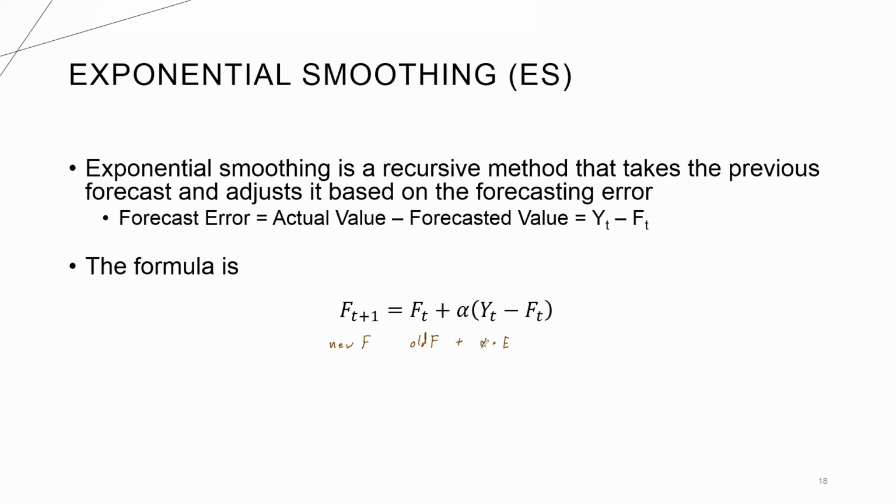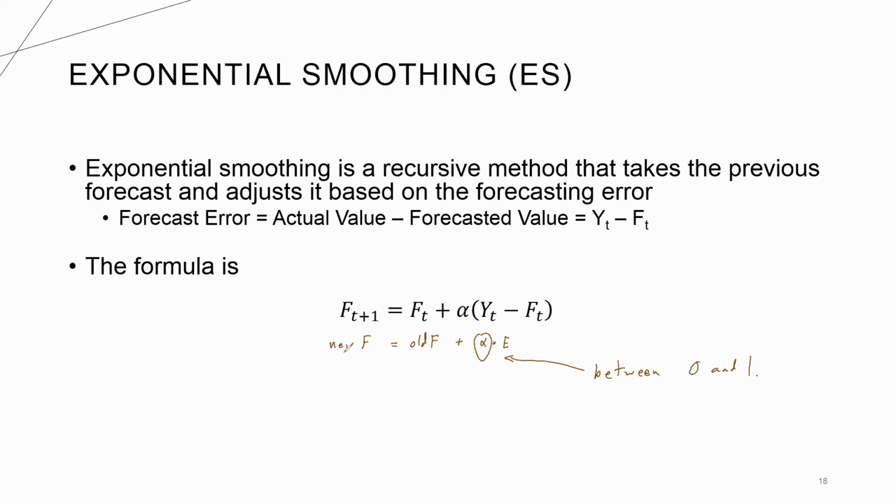So alpha, what is alpha? It's called the smoothing parameter, and it's between 0 and 1. So when alpha is 0, what happens? Look at it for a second.